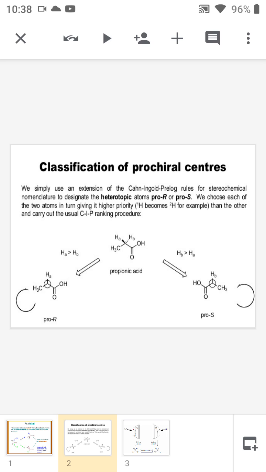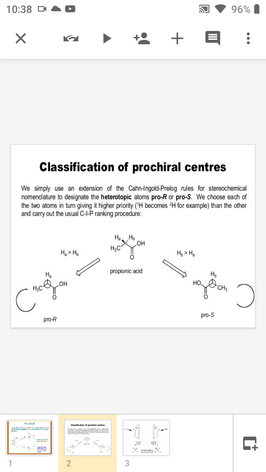The difference between pro-R and pro-S is this: if a nucleophile attacks a prochiral center on either the top or the bottom face, we will get a product, and we assign the priority of the substituents according to the Cahn-Ingold-Prelog rule.